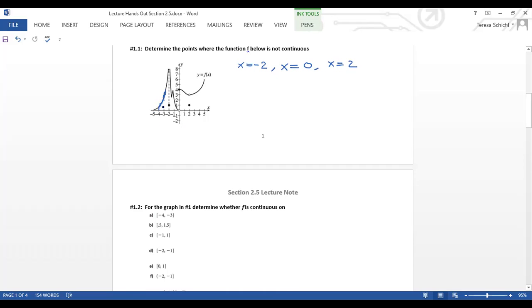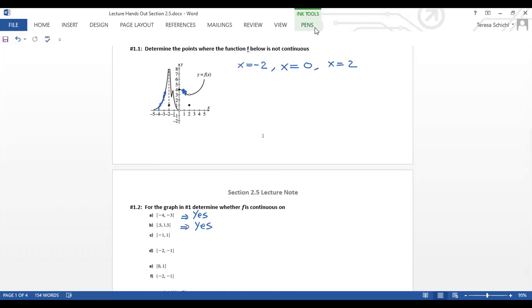Yes, it's continuous to the left, continuous to the right. Now the next one is 0.5 to 1.5. 0.5 is here, 1.5 is here. Is this portion continuous? Yes, because it's continuous to the left and continuous to the right.